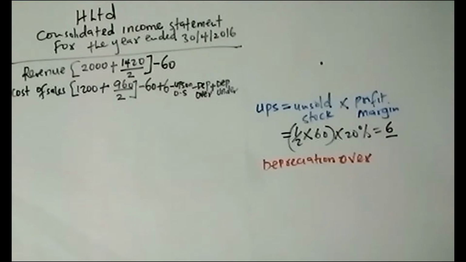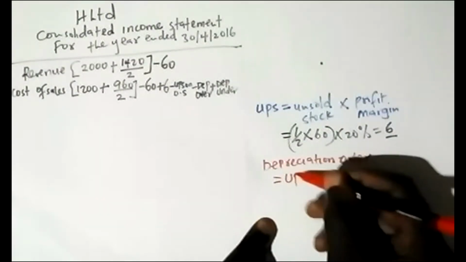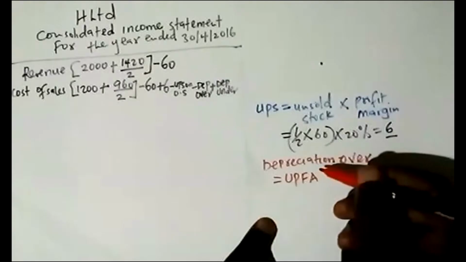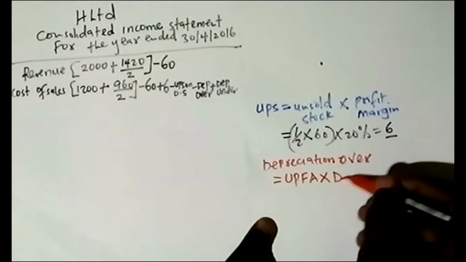Full stop. Then they will say depreciation charged on the asset is 20%, of which the group charged. So they would say the group charged depreciation of 20%. In order to get this depreciation overcharge, there must be the statement I've mentioned, which concerns the intergroup sale of fixed assets, so that we take the unrealized profit on fixed assets, UPFA, times the depreciation rate.